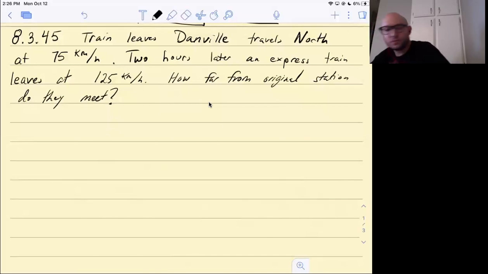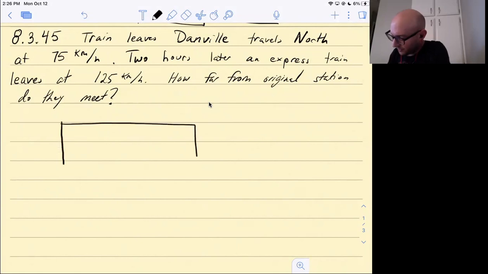Okay, so we have 2 trains leaving the station. Let's make our table. And the trip is from when they leave to when they encounter each other. So we have train 1, train 2, distance, rate, and time.